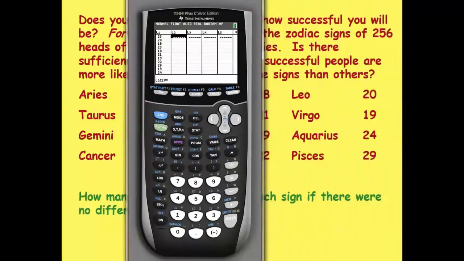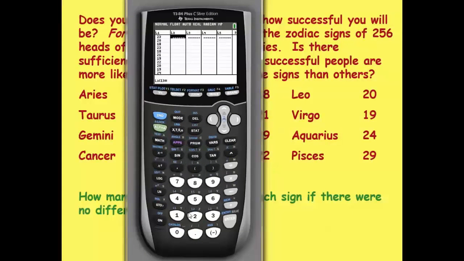Well, I've got 256 total, so I'm going to take the 256 and divide that by 12 because I think each month should have that. So it's going to take a minute to get that typed in. If you want to pause the video again, I'm going to type in 256 divided by 12 all through the whole list next to the corresponding number that it matches.